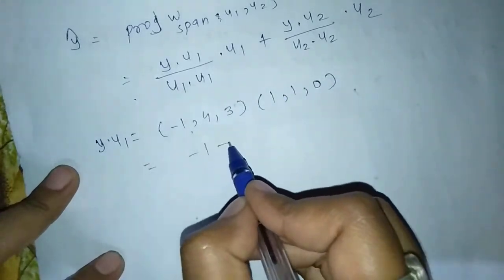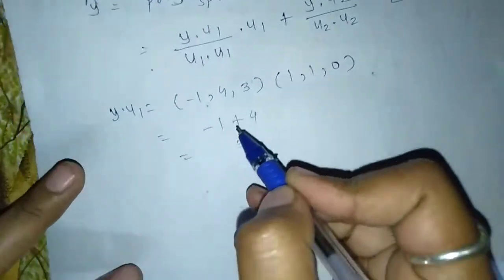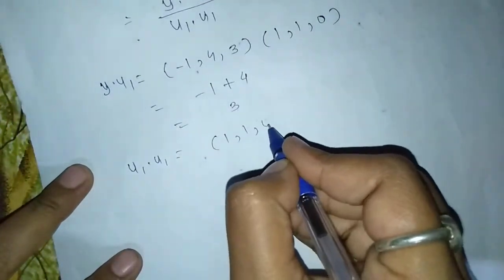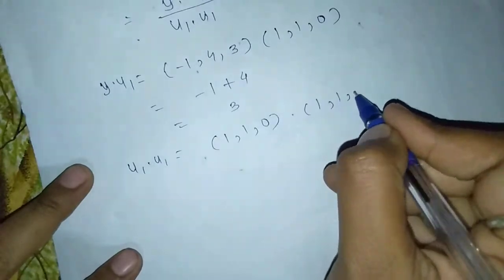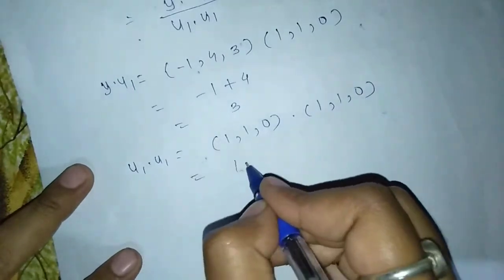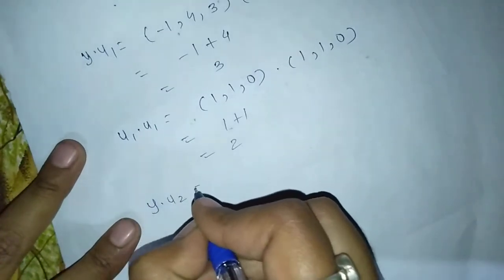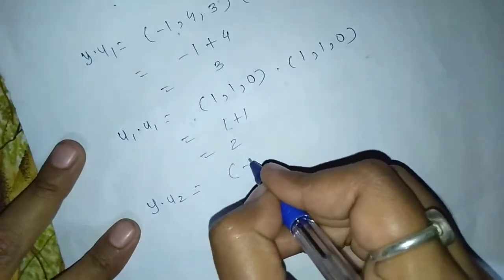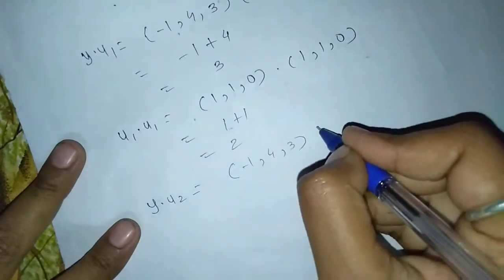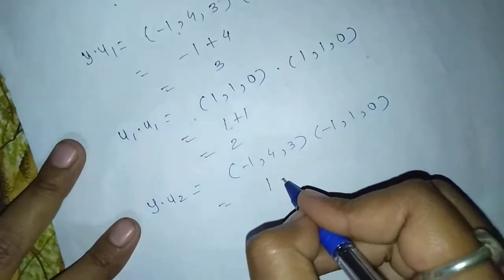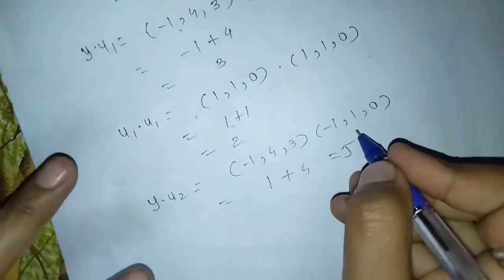So first calculate y dot u1, y is (-1, 4, 3), u1 is (1, 1, 0). So -1 plus 4 is equal to 3. u1 dot u1 is equal to (1, 1, 0) dot (1, 1, 0), which is 1 plus 1 equal to 2. Next, y dot u2 is equal to (-1, 4, 3) dot (-1, 1, 0), meaning 1 plus 4 is equal to 5.